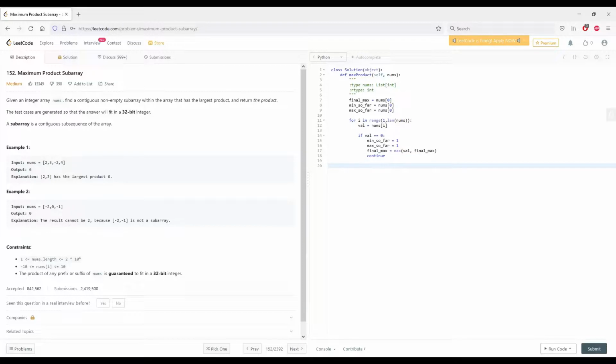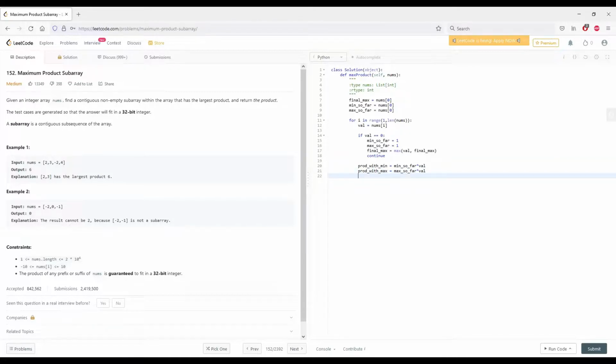Or else what I want to do is calculate prod with min, okay, which is going to be min so far times val, and prod with max to be max so far times val.